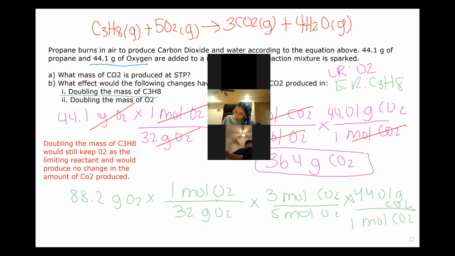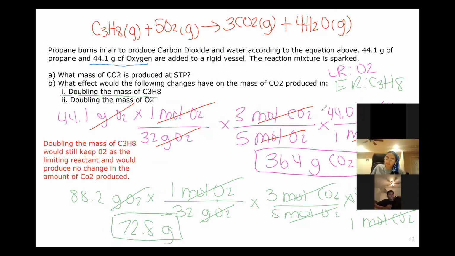Once you do that, you get 72.8 grams. So what is the relationship between 72.8 and 36.4? It's a factor of 2, which means doubling the limiting reactant doubles the amount of product made.